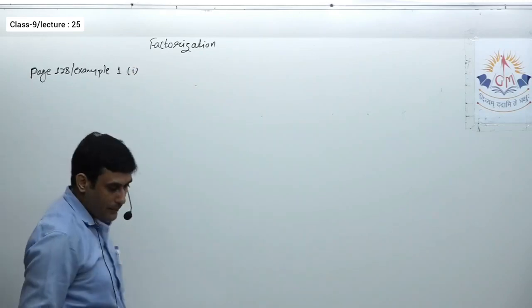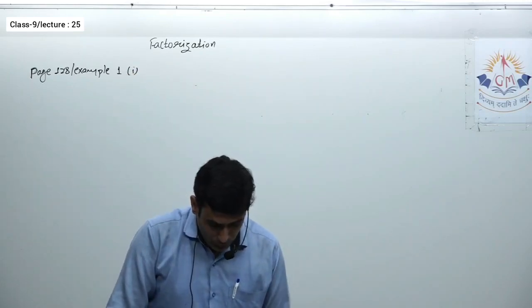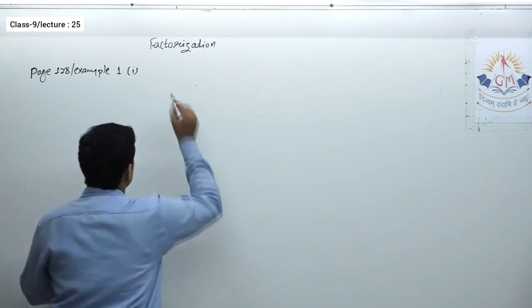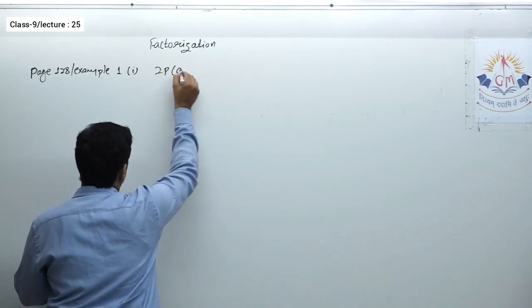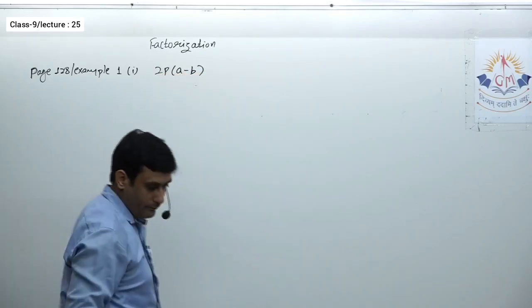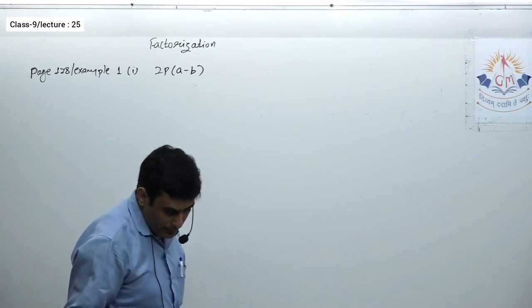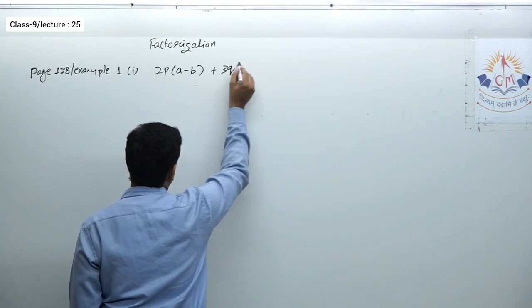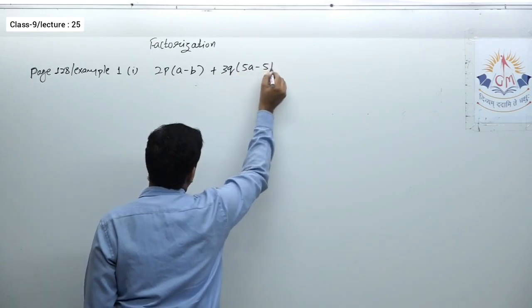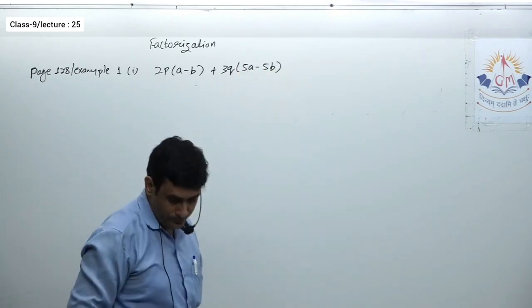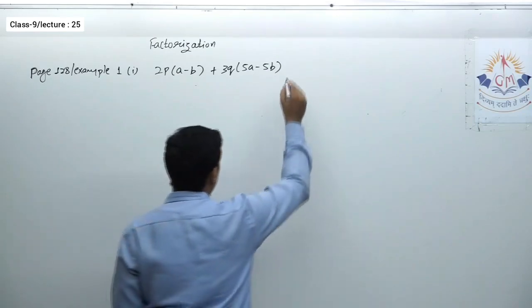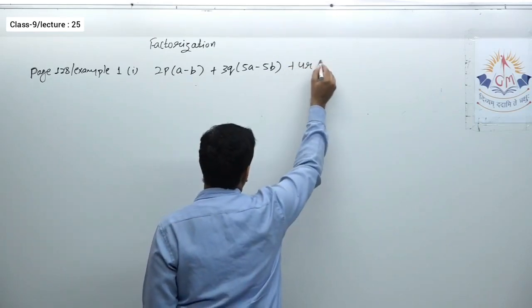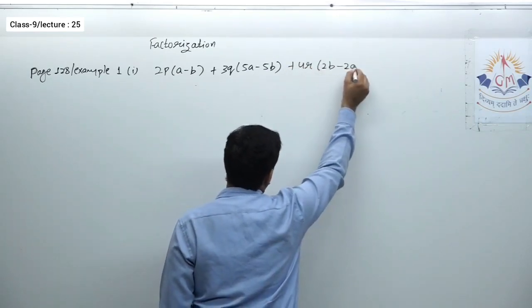2p(a minus b) plus 3q(5a minus 5b) plus 4r(2b minus 2a).